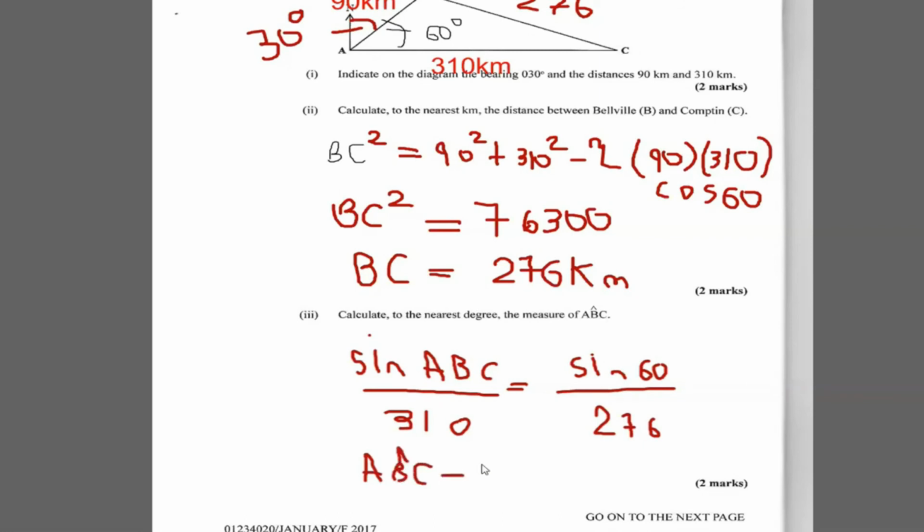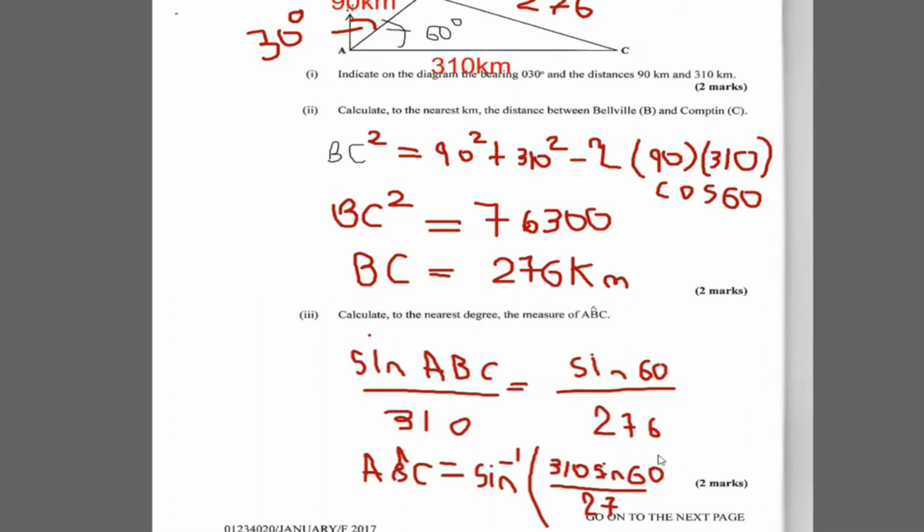Angle ABC is sine inverse of 310 sine 60 over 276. That's what we're working out.